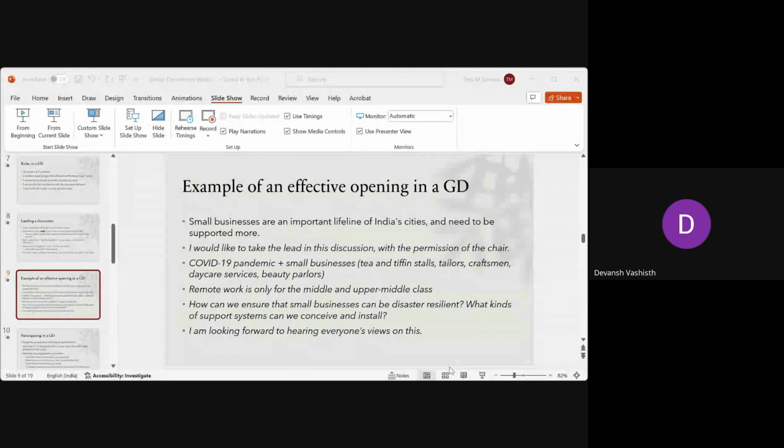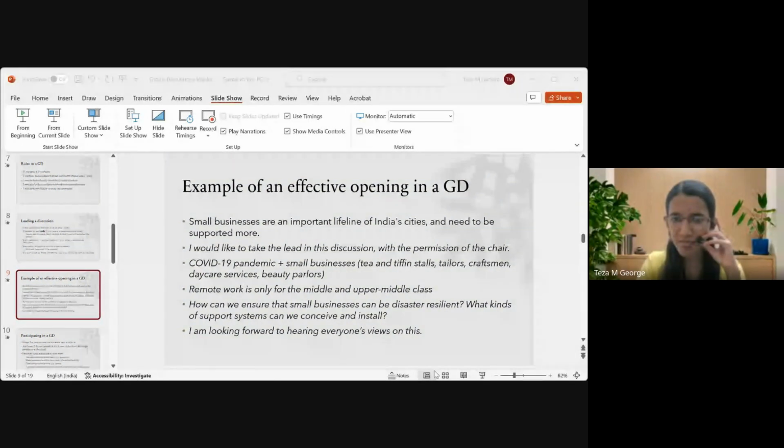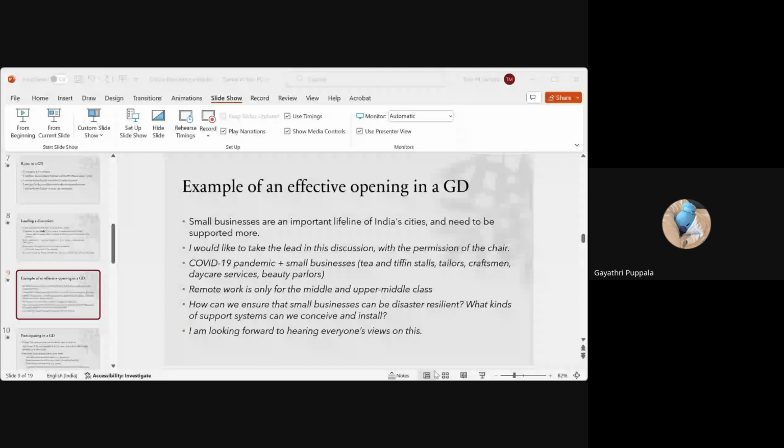Sorry, somebody's getting an office call in my room. Just give me a second. Okay. Gayatri, would you like to try? Yes, ma'am, sure. Can I go on or is someone else? No, Gayatri, you go on. Sure, thank you.